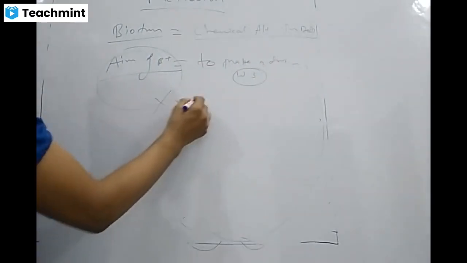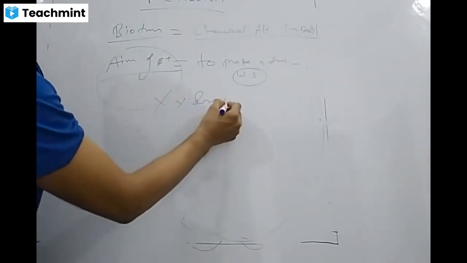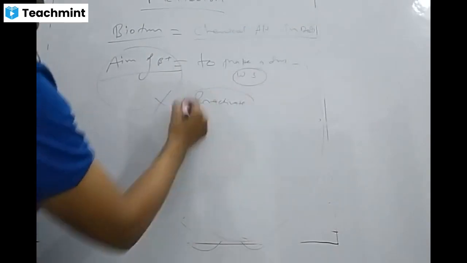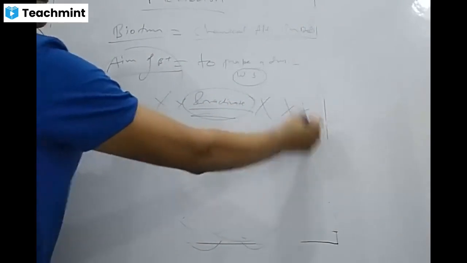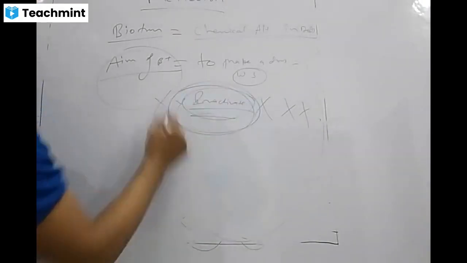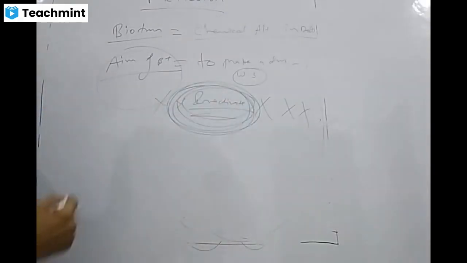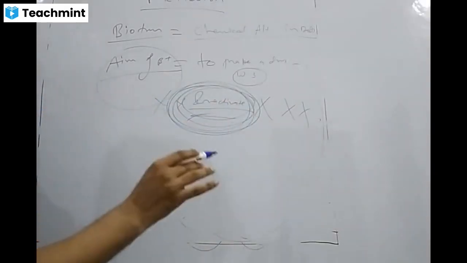The aim is not to inactivate a drug. Because a drug for our body is a foreign substance. Our body doesn't know that I have to convert it into an inactive form or a more active form.